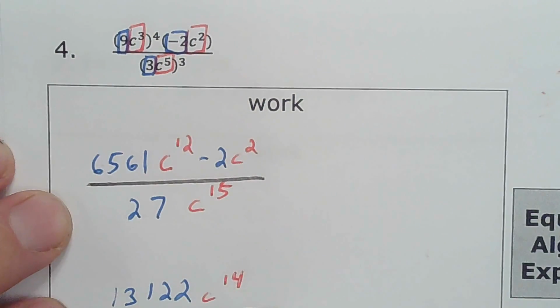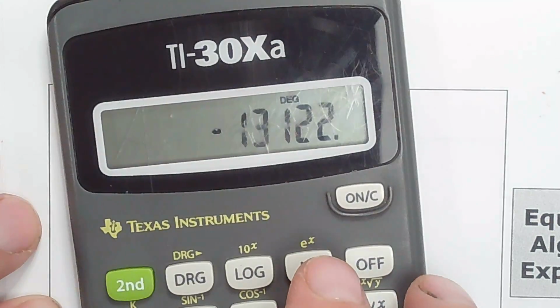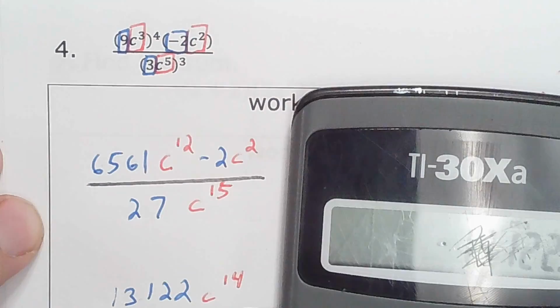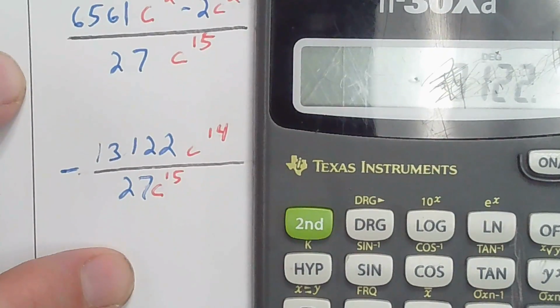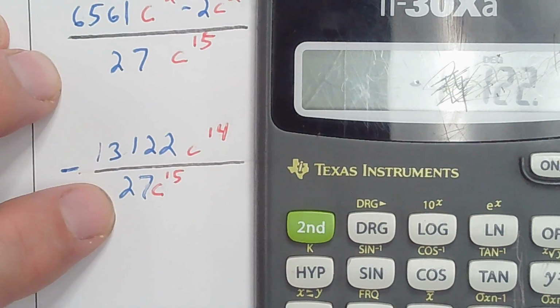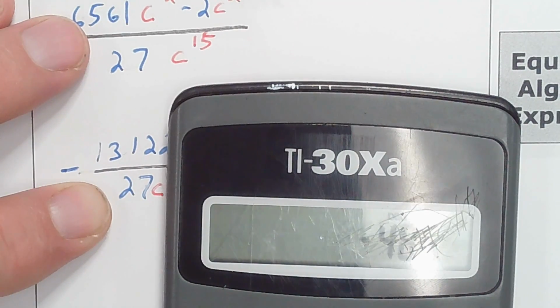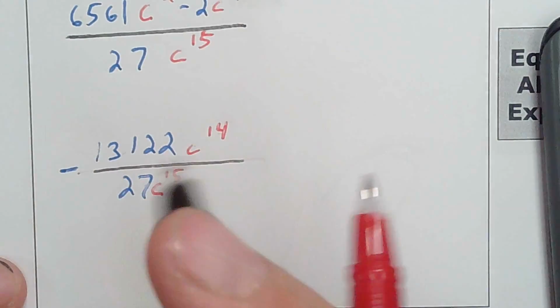Check my work. Okay, so now this is kind of easy. Let's look at our constants. 13,122 divided by 27 gets a nice round whole number.